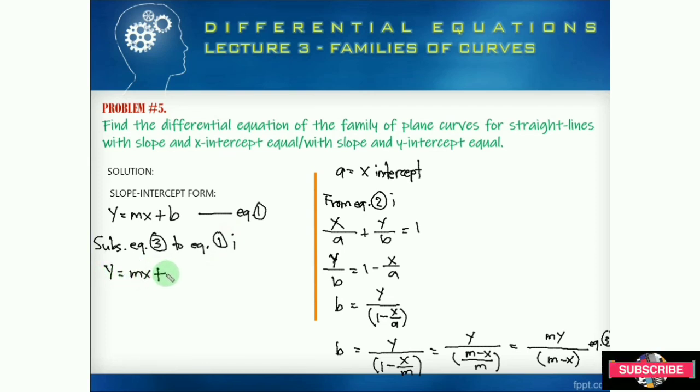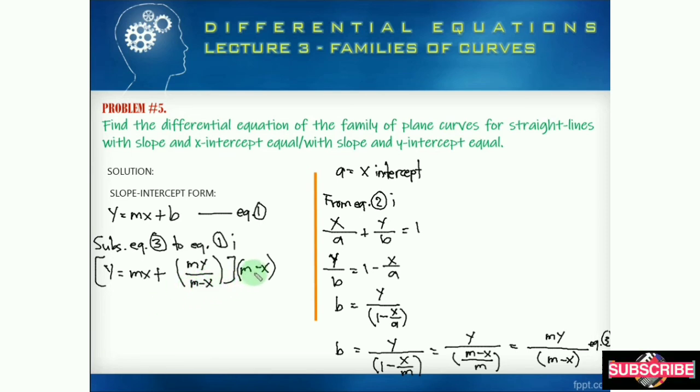mx plus our b, which is my over m minus x. Okay, so we are going to multiply this one with m minus x so that we can eliminate the fraction, so that we could have terms which are not fractions.